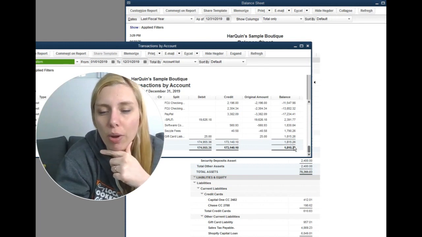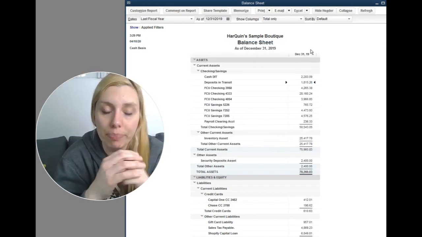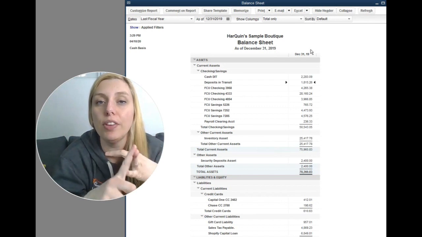That's good. But what if my deposit in transit said $36,000 and she only made $19,000 in the month of December? We have a problem. So either our sales are overstated or we're missing deposits.